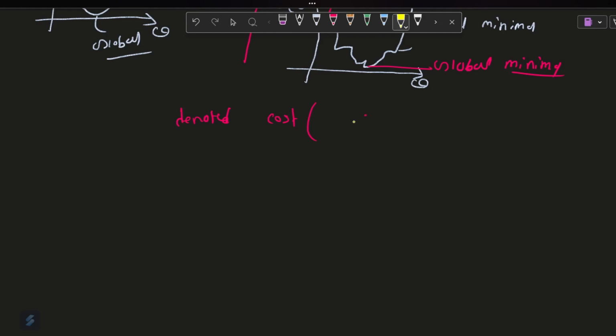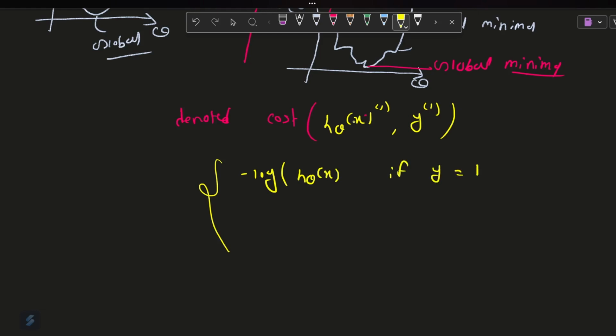In the cost function we denote h theta of x^(i), and the second one is y^(i). So when we use that notation, how does the equation look? After denoting h theta of x and y, your equation looks like this: minus log h theta of x if y is equal to 1, right?